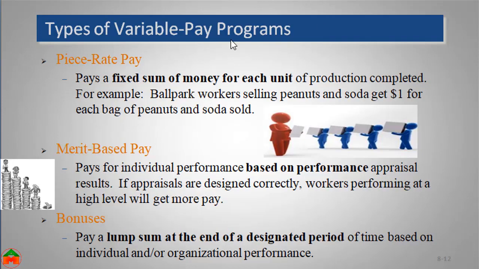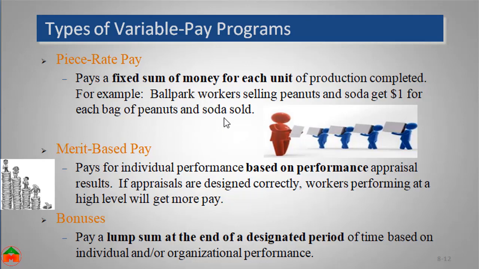Among the variable pay programs, the first one is piece rate pay. Under piece rate pay, the manager pays a fixed sum of money for each unit of production completed by the employee. For example, ballpark workers selling peanuts and soda get $1 for each bag of peanuts and soda sold.